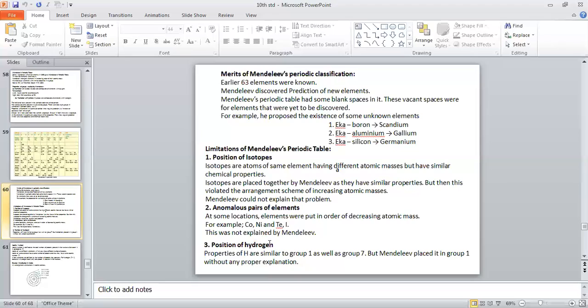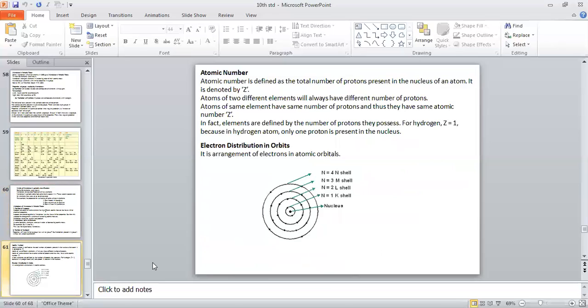Then position of hydrogen. The properties of hydrogen are similar to group 1 as well as group 7. Mendeleev placed it in group 1 without any proper explanation. Therefore, this is one of the limitations in Mendeleev's periodic classification of elements.